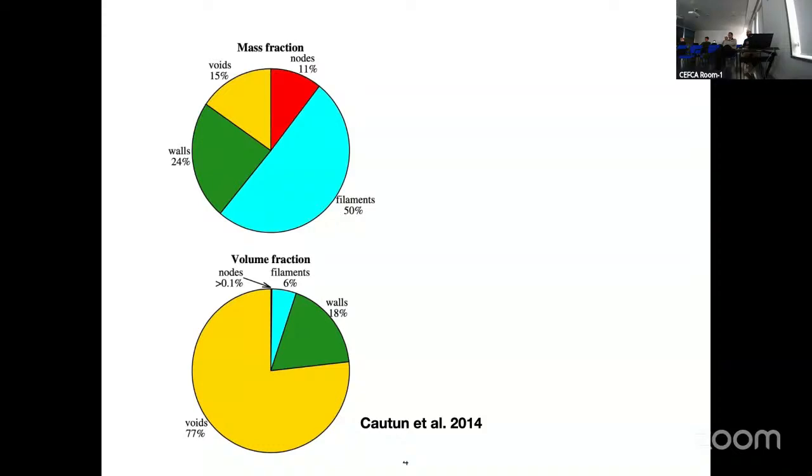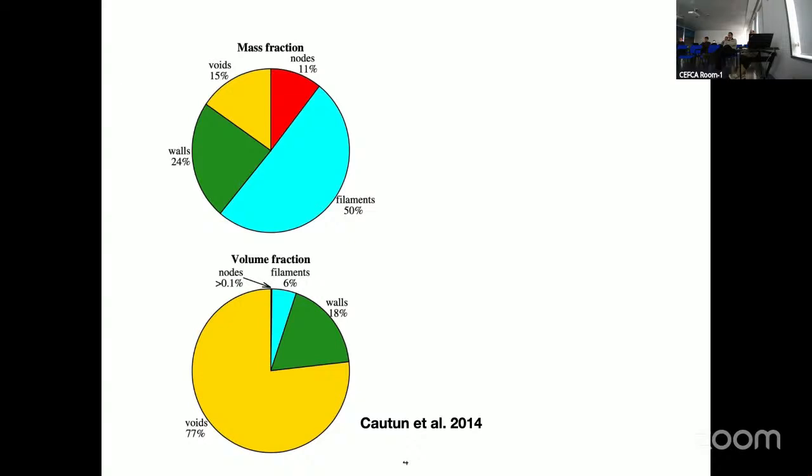More or less, in filaments we have 50% of the mass. Then we have the walls, 25%, the voids, 15%, and the nodes, the clusters, only 11% of the mass of the universe. If you look at the volume, the voids are more than three quarters of the universe.